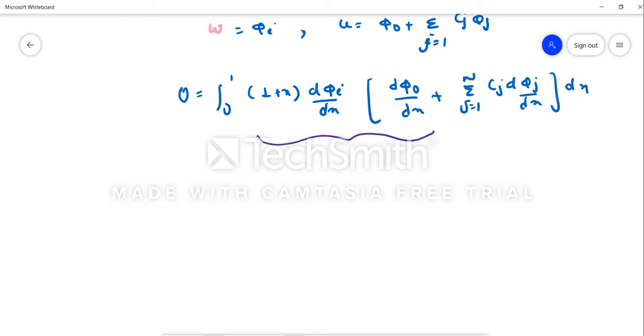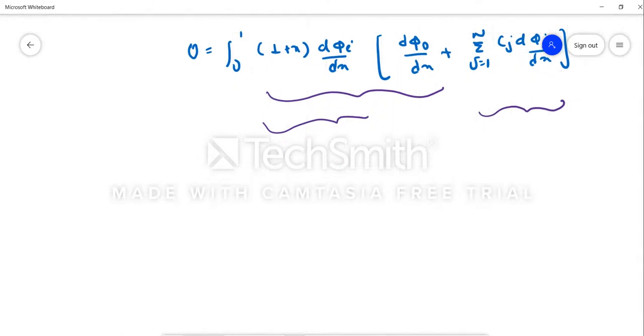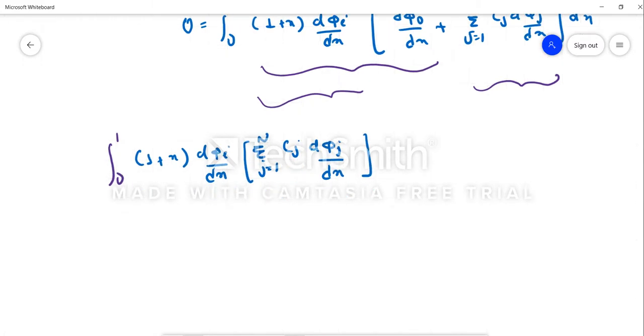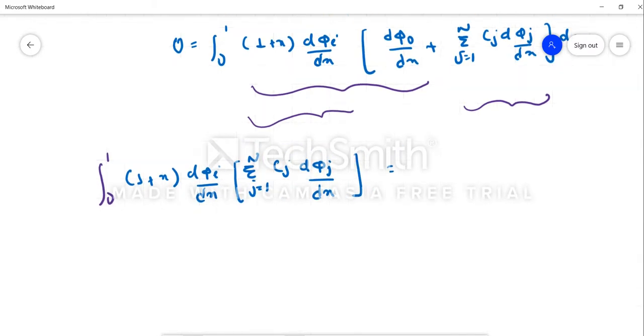So the equation will look like this: integral of (1 plus x) d phi i over dx, times the sum over j equals 1 to n of cj d phi j over dx, and the other term goes to the other side: minus the integral from 0 to 1 of (1 plus x) d phi i over dx times d phi naught over dx.